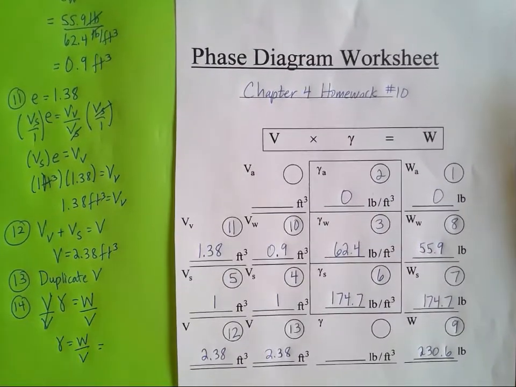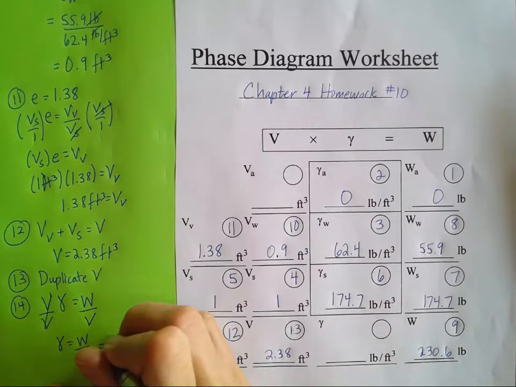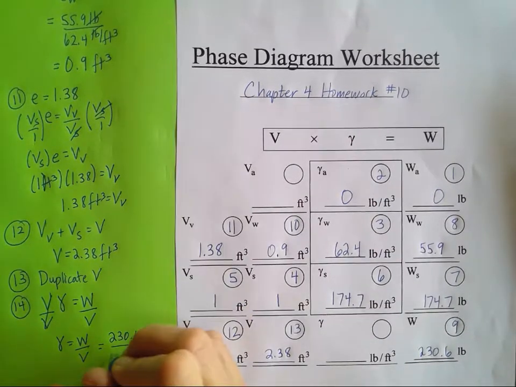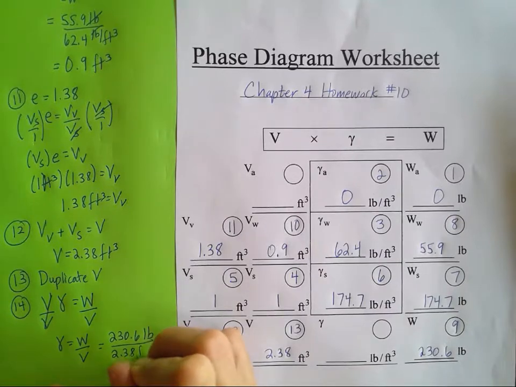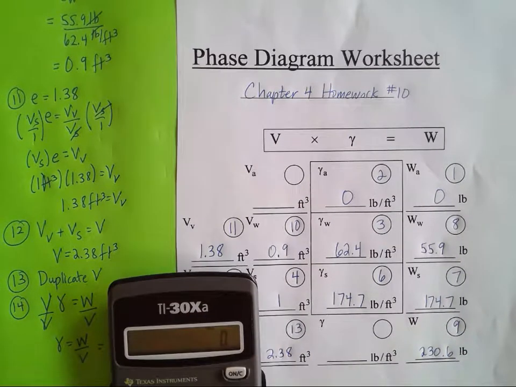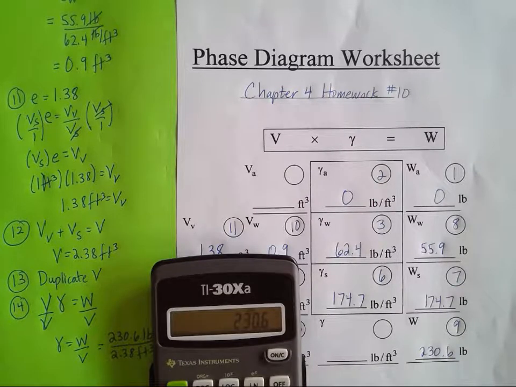Let's slide that over a little bit. Let's put it next to it. Okay, so it's 230.6 pounds divided by 2.38 cubic feet. I'll put that in here, see what we get. 230.6 divided by 2.38.